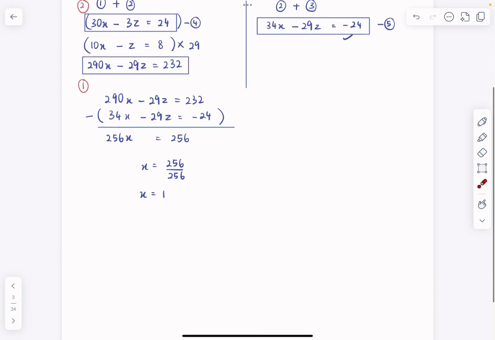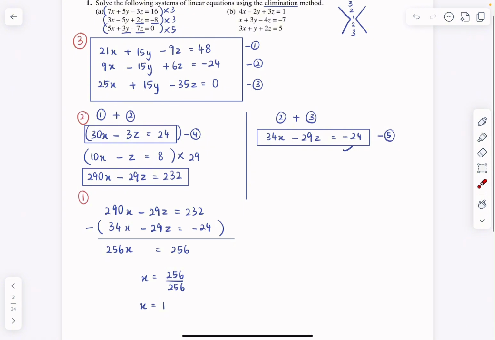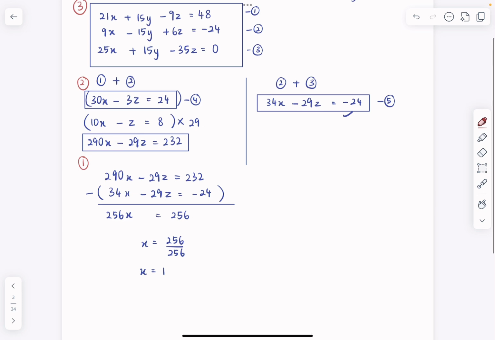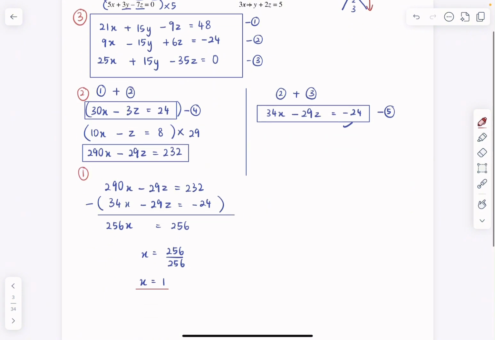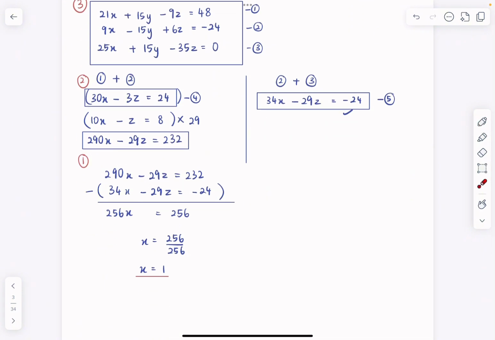Okay. So here, let's change color a bit. So once we find x equals 1 already, now we are working our way here. So what you can do is you can put this into any of these equations to solve z.